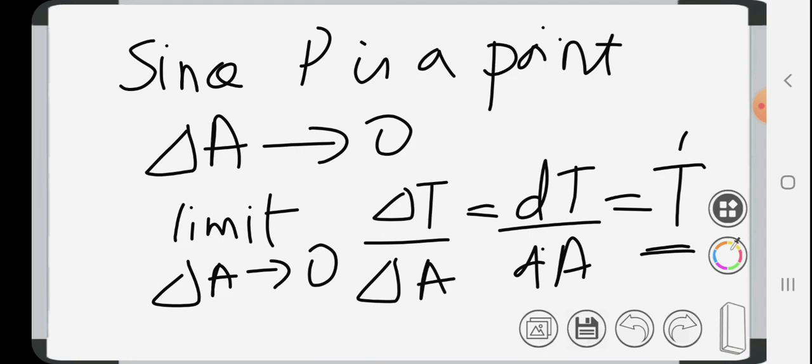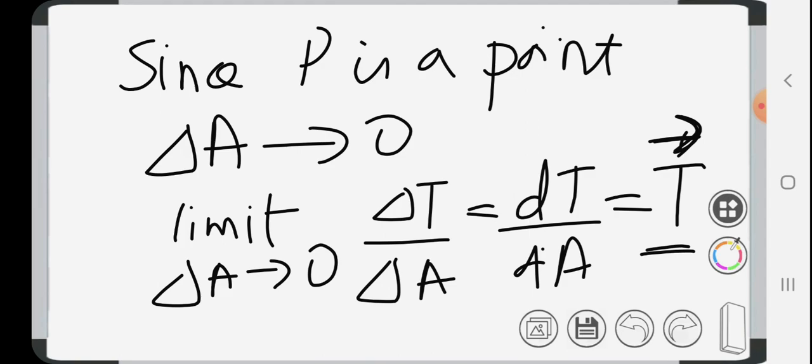Delta T was the force, and the T vector is the stress. The stress is actually a vector here.